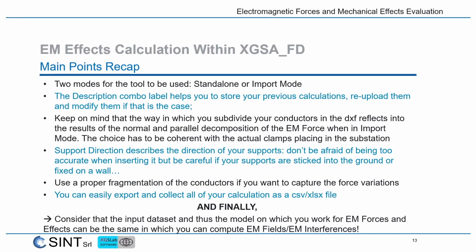You don't have to exactly report the direction of your support, but you have to determine whether your supports are, for instance, stuck into the ground or fit on a wall, and based on that, insert the right numbers.